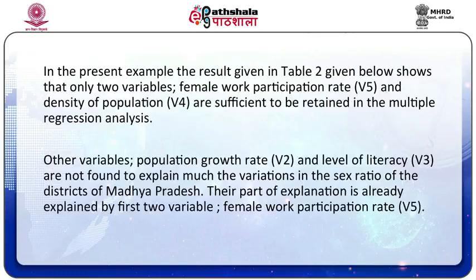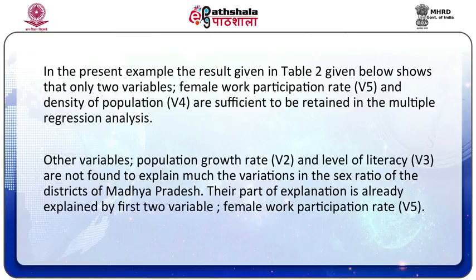In the present example, the result given in table 2 shows that only two variables, that is female work participation rate, which is variable 5, and density of population, which is variable 4, are sufficient to be retained in the multiple regression analysis.